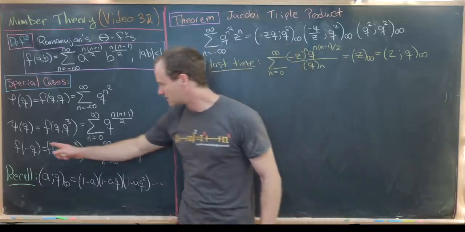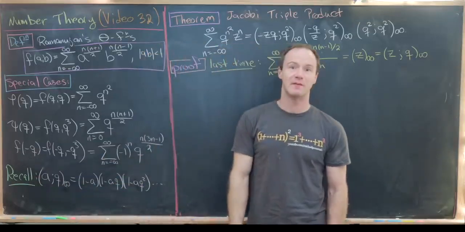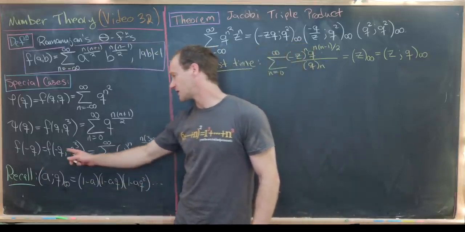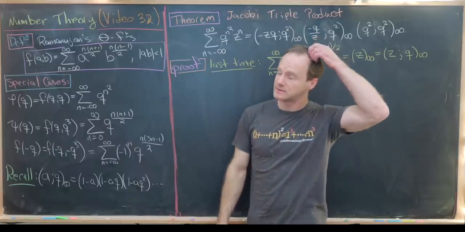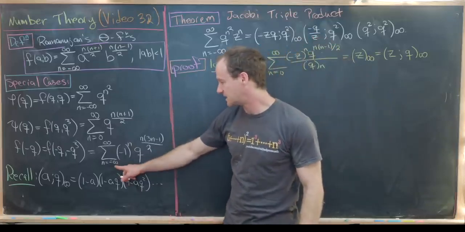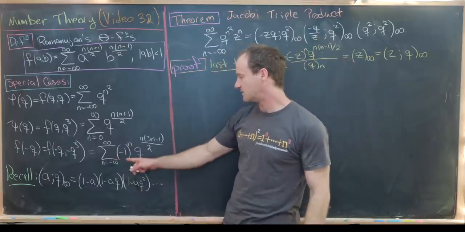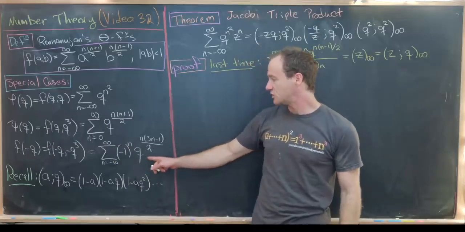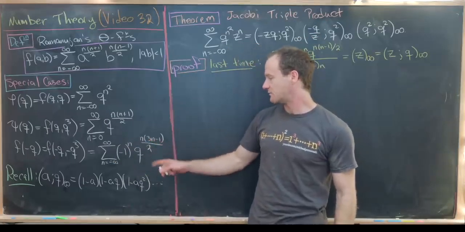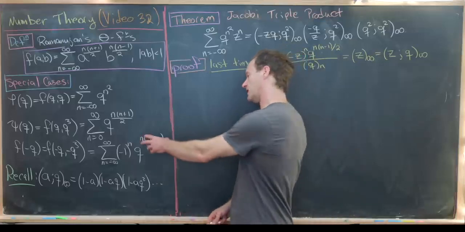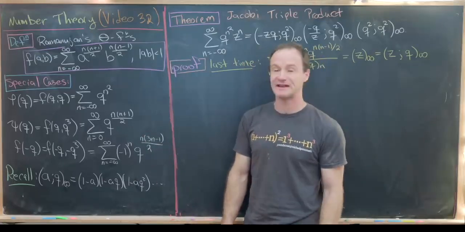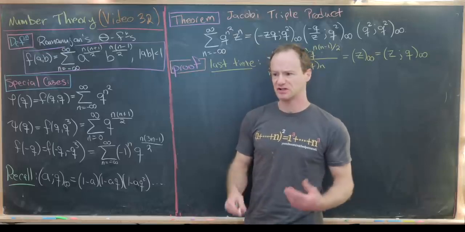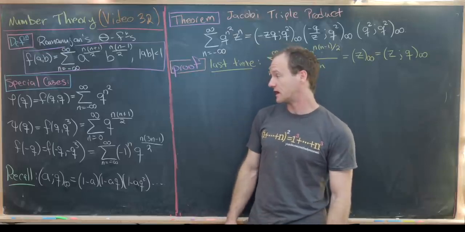And there's finally this one which is generally called f of minus q, but that's really f of minus q comma minus q cubed. And that turns into the sum as n goes from minus infinity to infinity of minus 1 to the n, q to the n times (3n minus 1)/2. And this n times (3n minus 1)/2 is called a generalized pentagonal number. And that'll actually lead into our big result for the day.